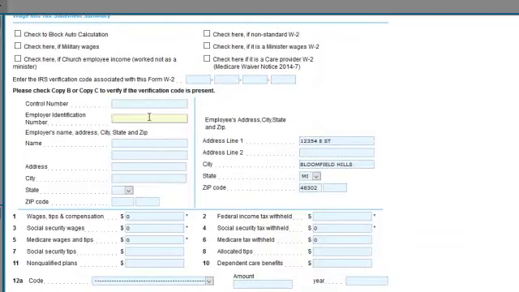I'm going to put her social, the EIN number of her firm name, which was Ford Motor Company. Let's find the EIN number here. Here we go. Here it is. Okay, and the name.